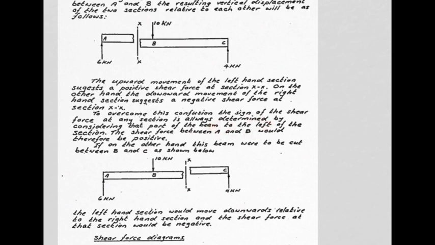So when we placed our hand here and we exposed this piece, we considered everything to the left of our hand, and if its effect was upward, then it was positive. So work to the left. Now an easy way to handle this is to simply start at the left hand end of the beam and work your way across to the right hand side.